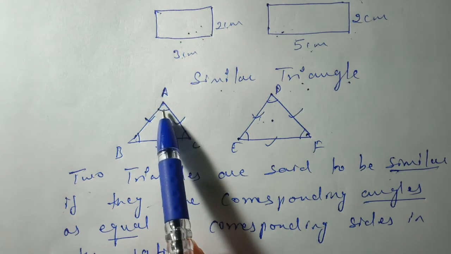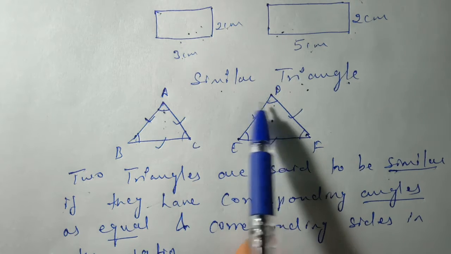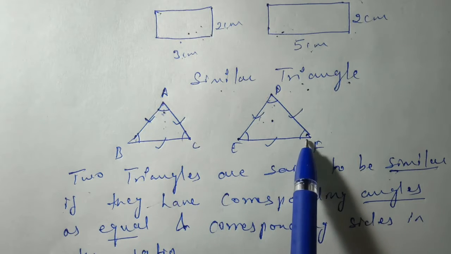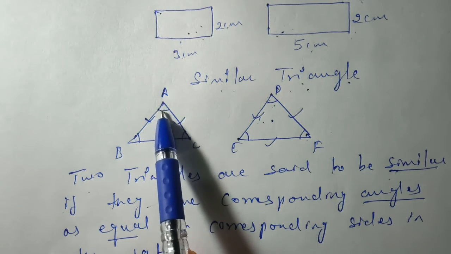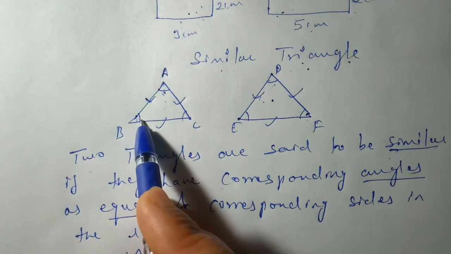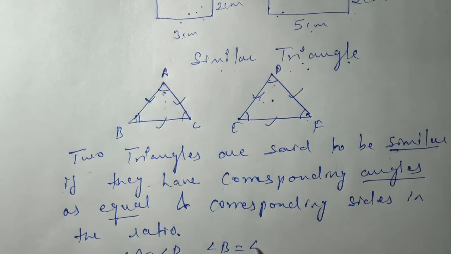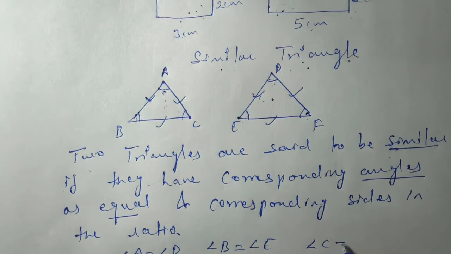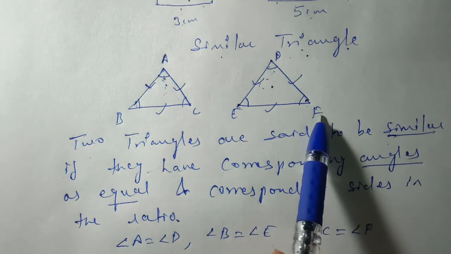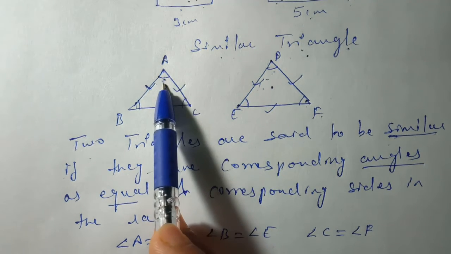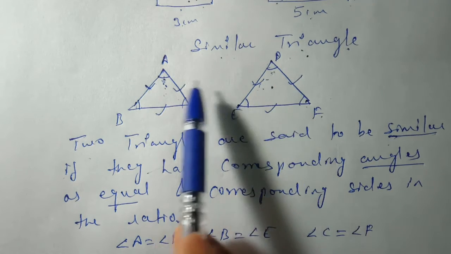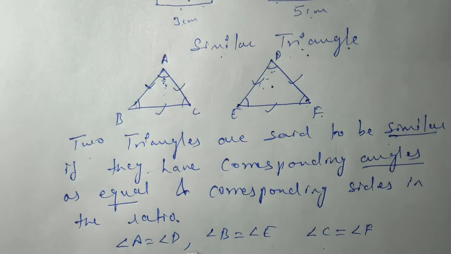If we say angle A is equal to angle D, it is not necessary that angle A is equal to angle D; it can be equal to E, or angle A can be equal to F. Right now I am taking angle A equal to angle D, angle B equal to angle E, and angle C equal to angle F. All the angles are equal, meaning one angle of one triangle is equal to one angle of another triangle. That's why we say corresponding angles are equal.